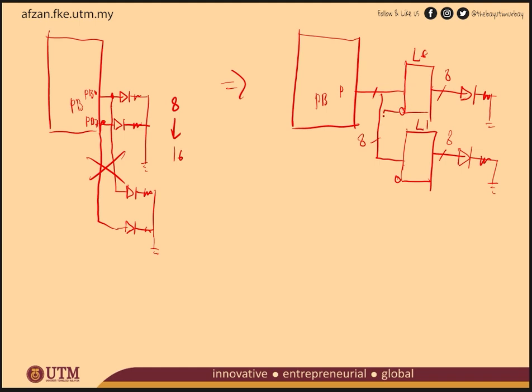This one here will connect to your PC0, and this one here will connect to your PC1. This is LED 0 to 7, and this one here is LED 8 to 15.